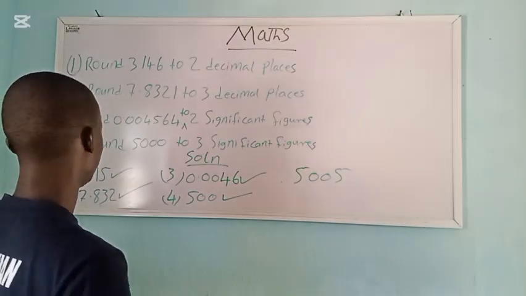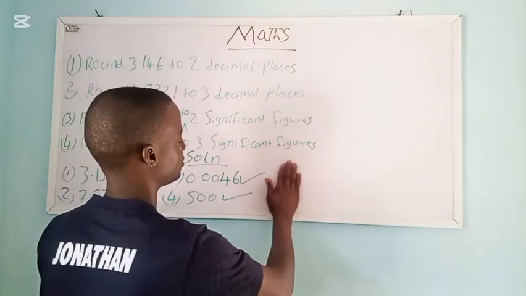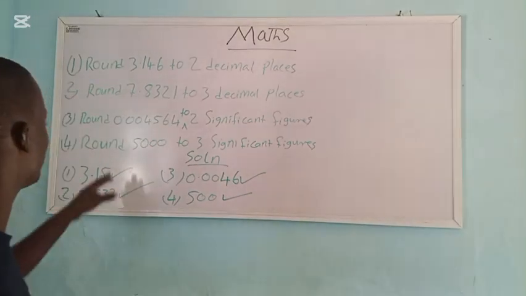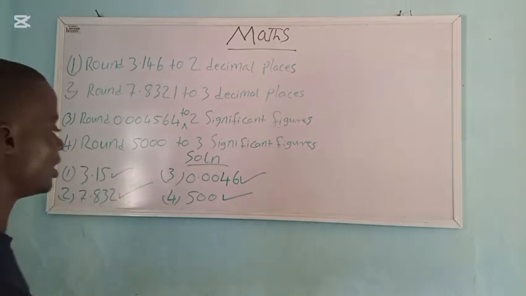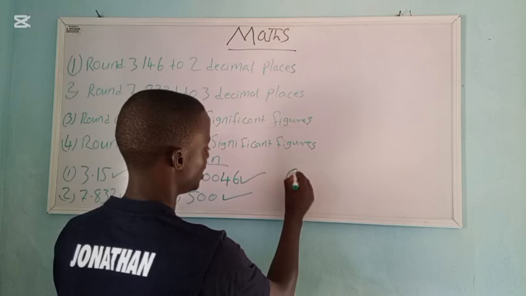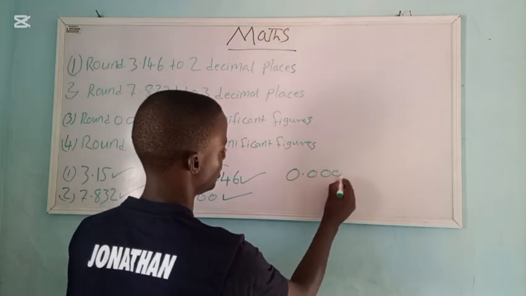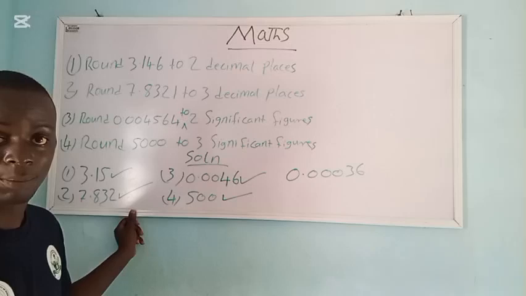So now, I think that is all. But I want to show something. When it comes to decimal places, like now they give something like 0.00036, and they say leave it in two decimal places.